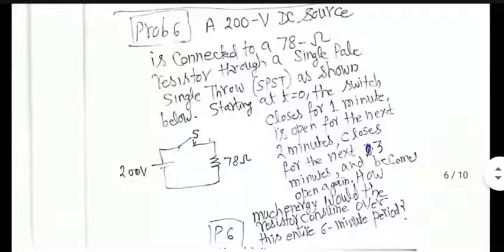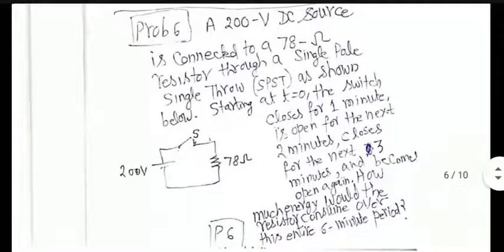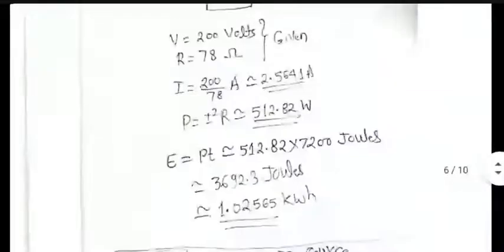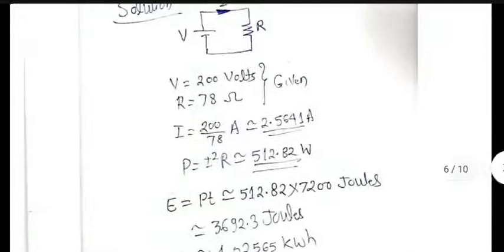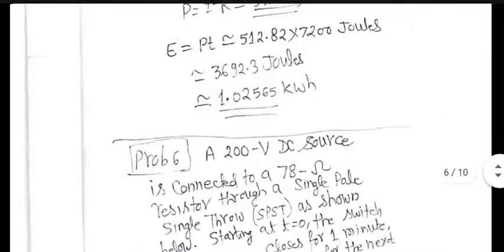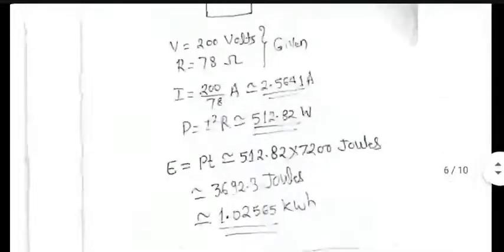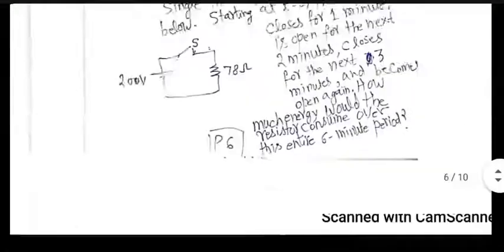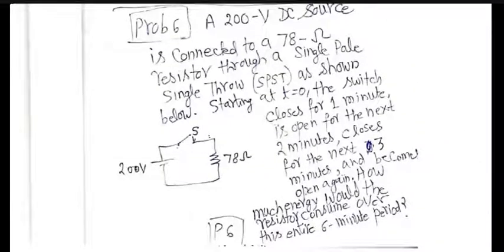Initially, it is closed for 1 minute, so T is 60 seconds. The current, by the way, is the same value as we calculated in the previous problem. Power is also the same, 512.82 watt. But now the energy will be 512.82 multiplied by 60. I'm talking energy in joules right now. Okay. So that would be first part.